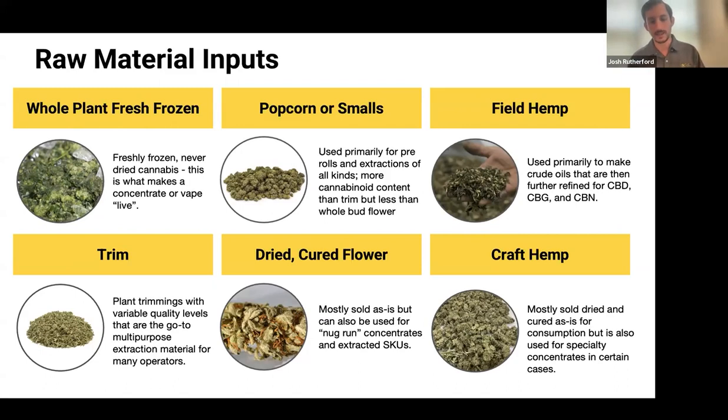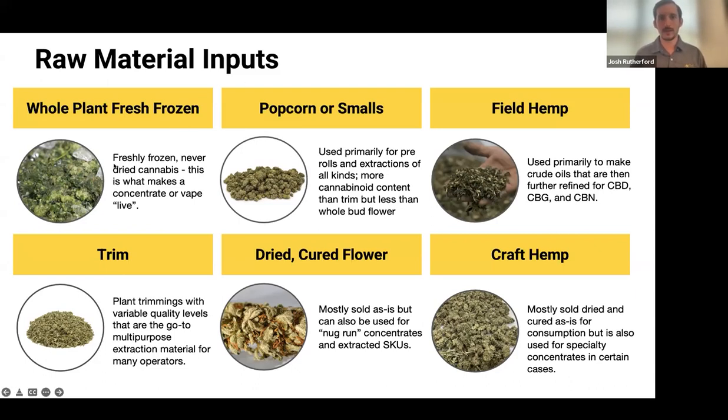Some dry ice, obviously in a bag, because when you're dealing with whole plant fresh frozen, you want to make sure that you're being just as delicate as you were growing it and harvesting it. So if you aren't in control of your flower, it's really important to make sure that you have your supply chain dialed in on that process and you're comfortable with that process.